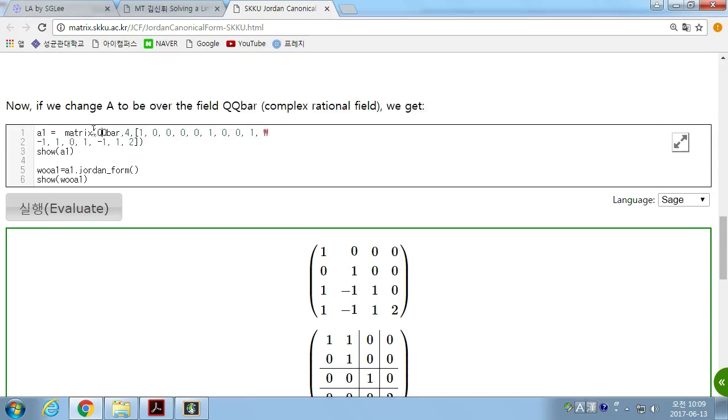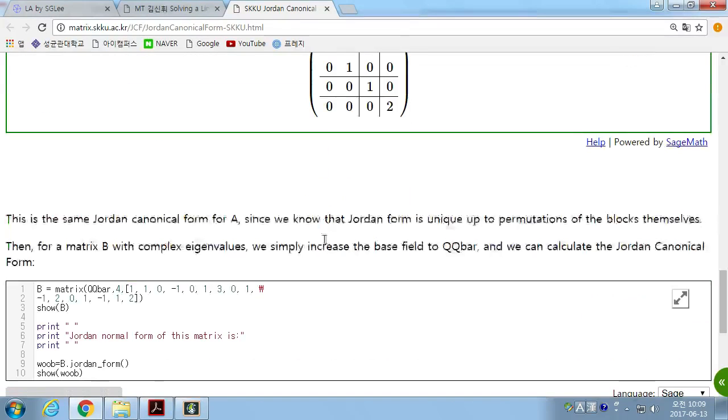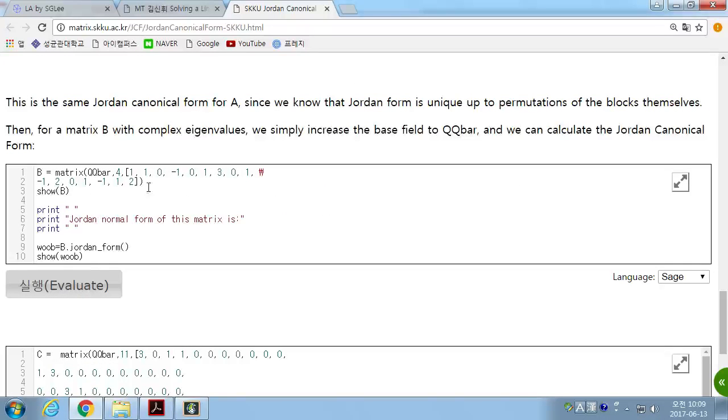We make the change here, instead of not using any word or QQ, we use the complex field in this way to do the computations.